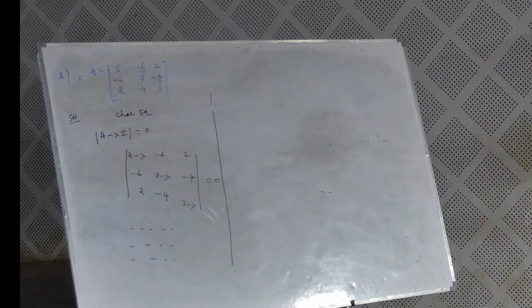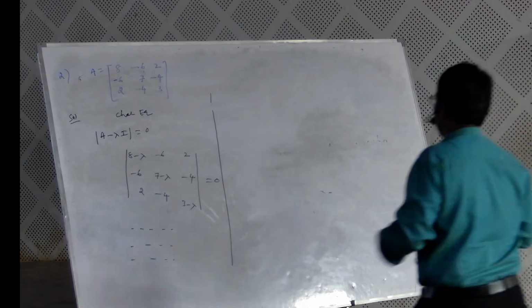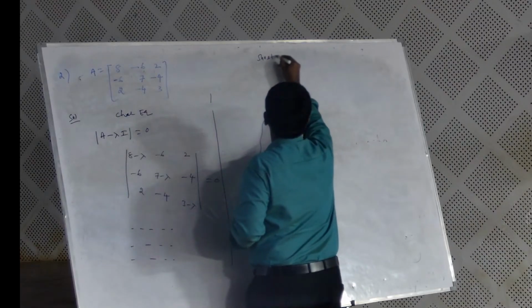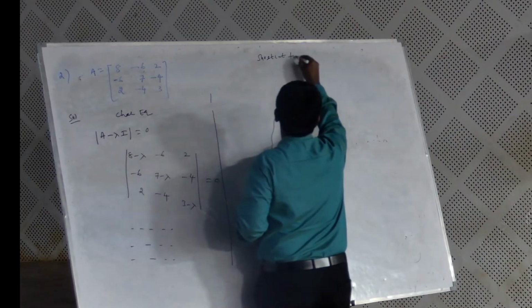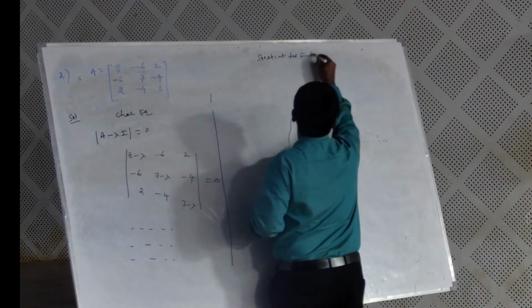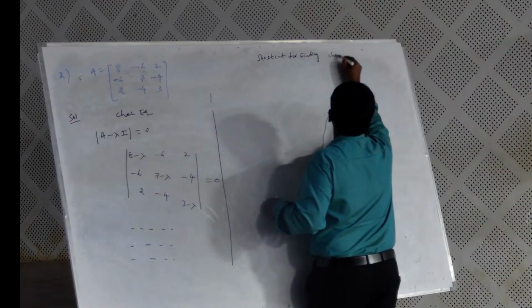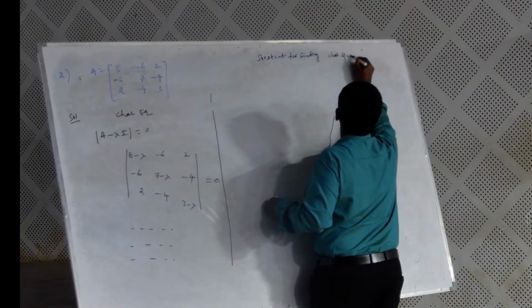Only to overcome this, see here, there is one shortcut also. I will explain the shortcut here. So for finding the characteristic equation, which equation?